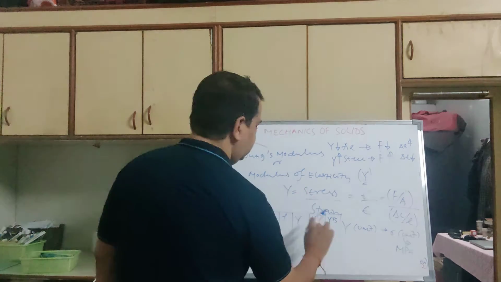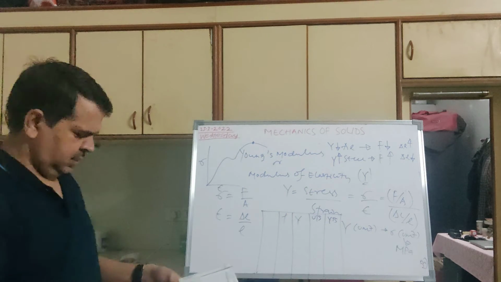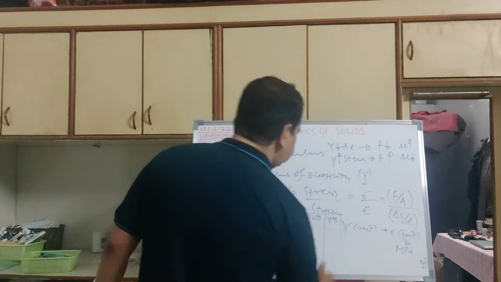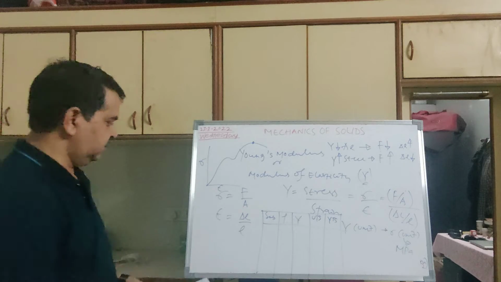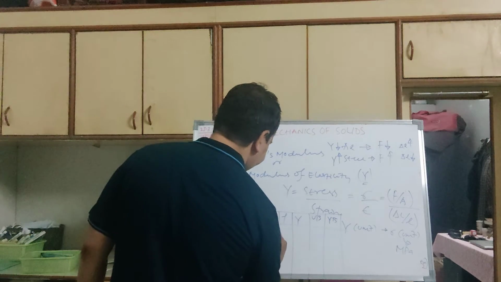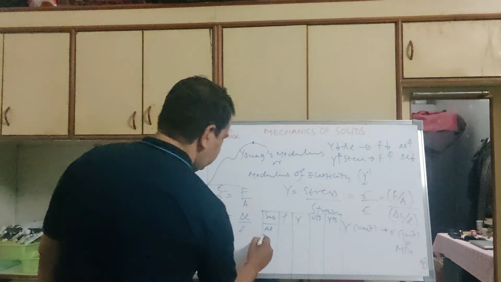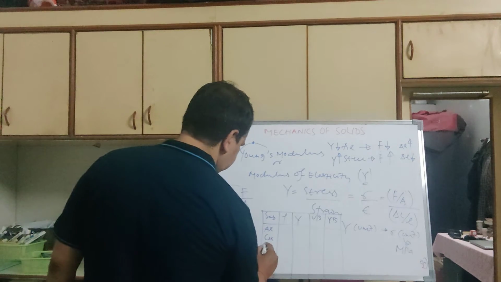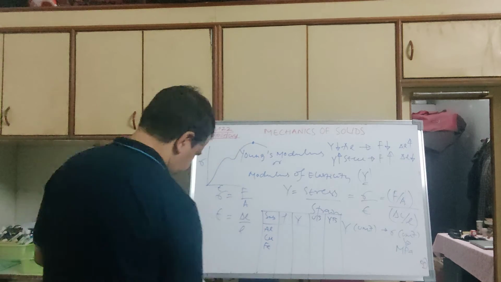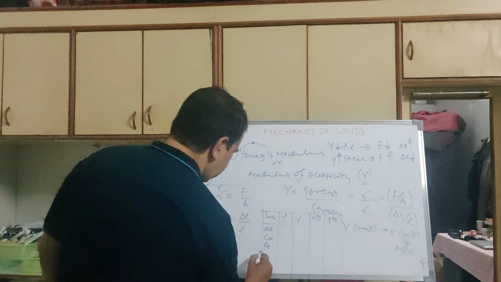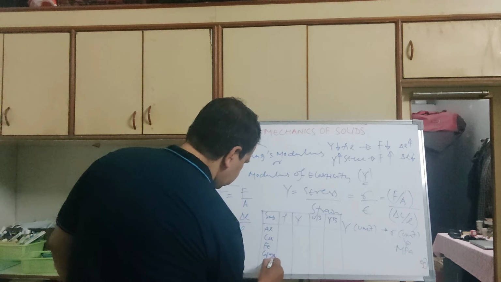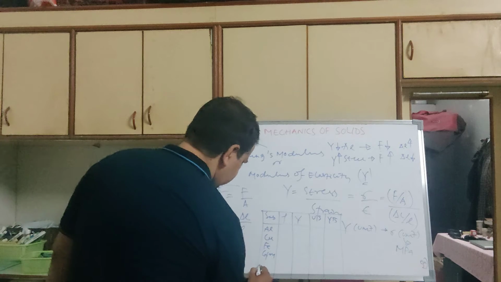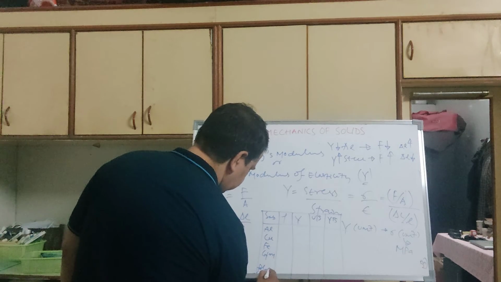Like this, you can make a table with the substances: aluminium, Al, copper, Cu, and then steel, glass, wood, bone, and polyester.